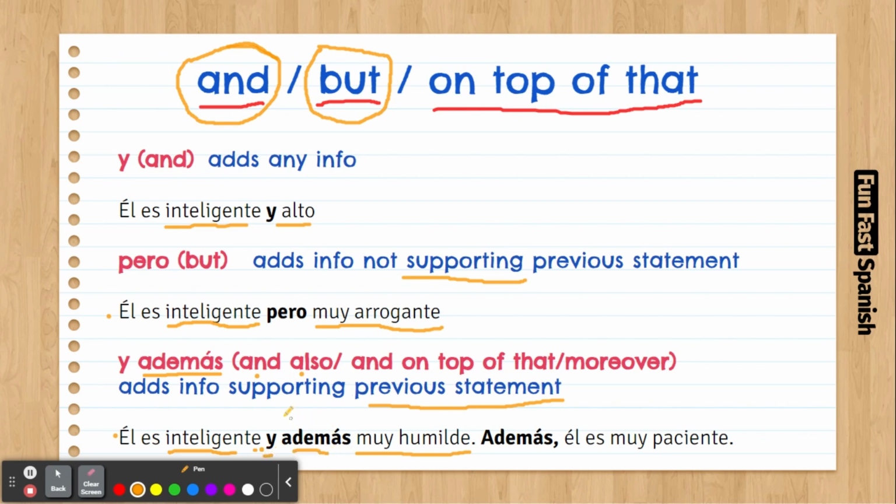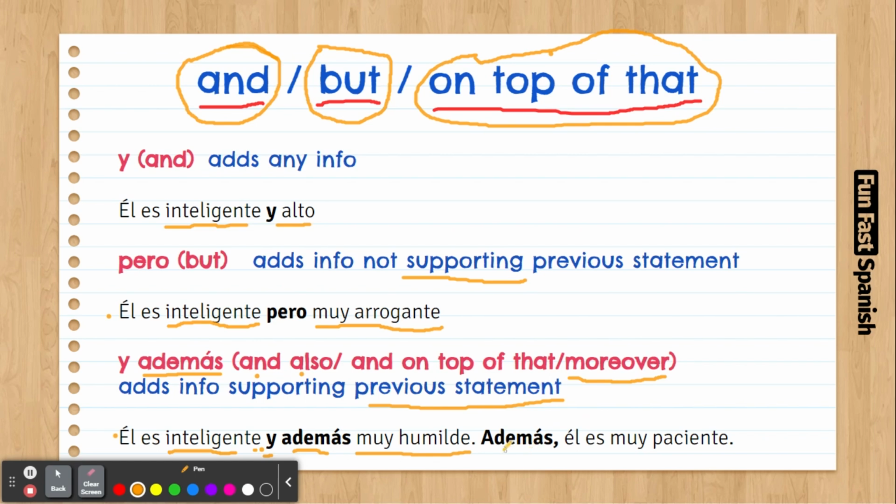You can also use and on top of that, which is the one I put here. Y además, and on top of that. The word además also works like the expression moreover, or furthermore. So it does the same function.